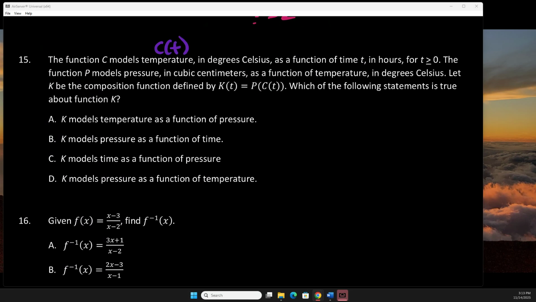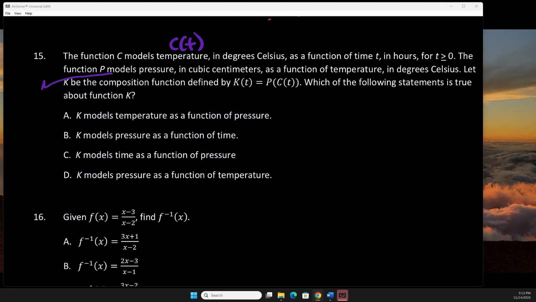All right, and then we have this other model, P, which is pressure, and it gives pressure as a function of temperature in Celsius, so it would be like P of C. And then we're going to do a new function, K, that is P of C of T. So basically what happens is we take this and put it in for that C, and the C gets dissolved, and you're just left with pressure as a function of time. And so that's going to be choice B.